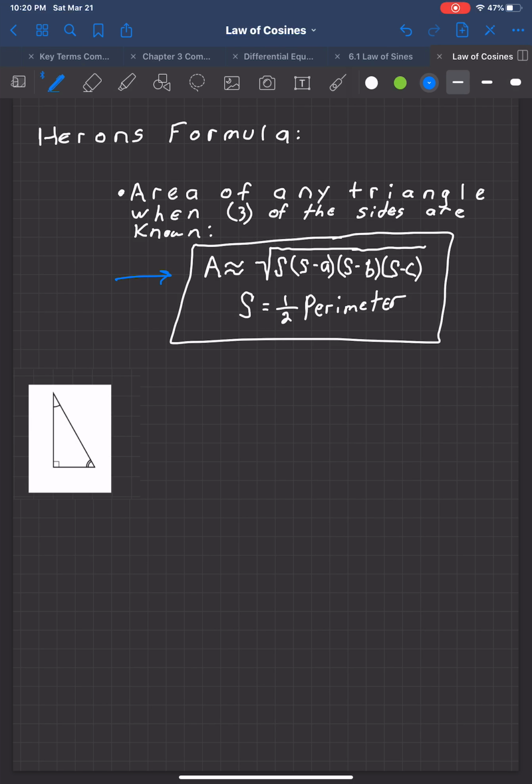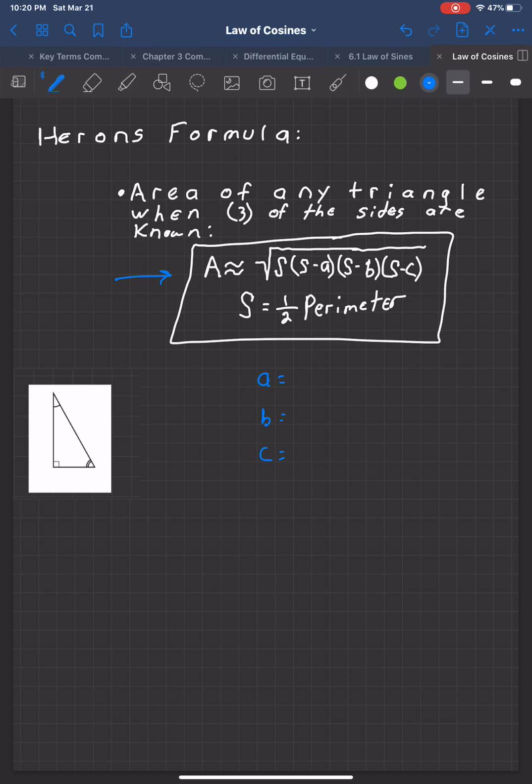If I give you 3 sides of a triangle, that's all I give you, just 3 sides, and from those 3 sides you want to find the area of that triangle, Heron's formula works beautifully. Let me describe it to you in just a second. Let's make this easy. Heron's formula works whether it's a right triangle or a non-right triangle.